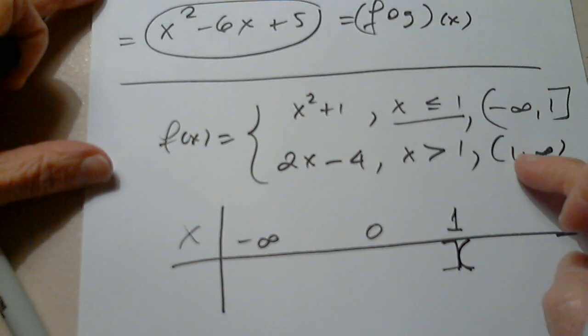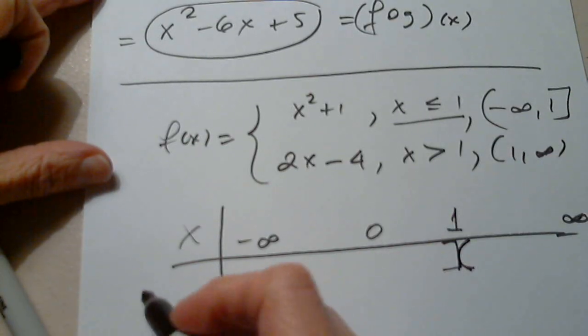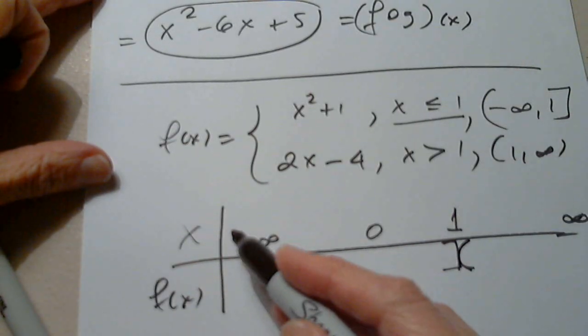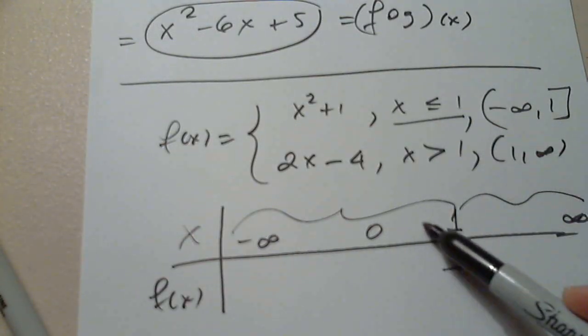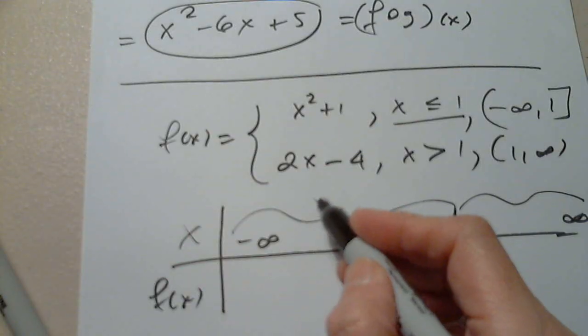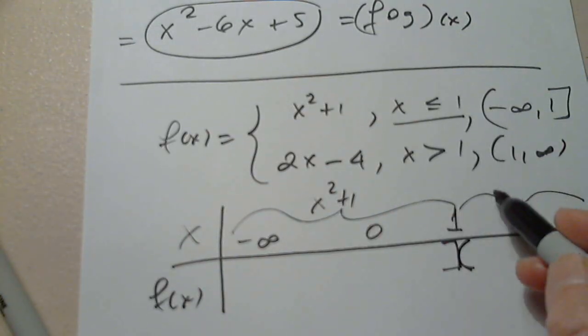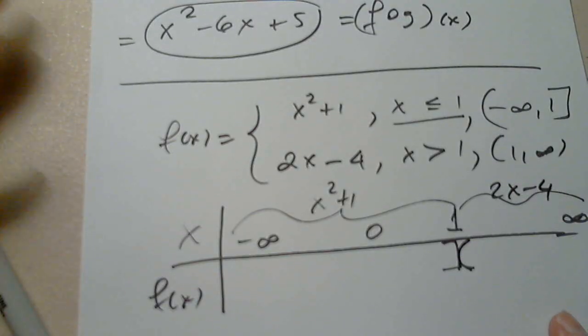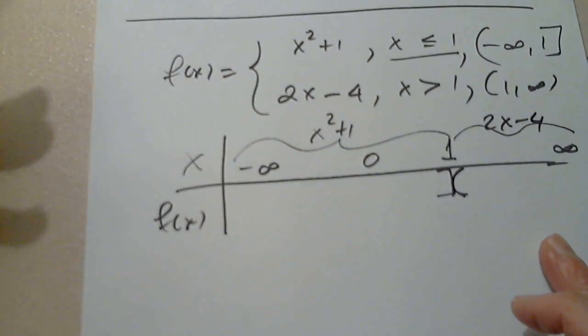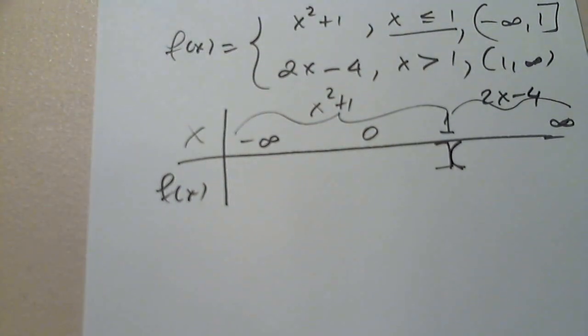This is the key step here. And then writing on top of the table that from negative infinity to 1, you have to use x squared plus 1. And the other one, although the function can have 3 or 4 branches, I chose simple examples with 2, but you can have more than 2.